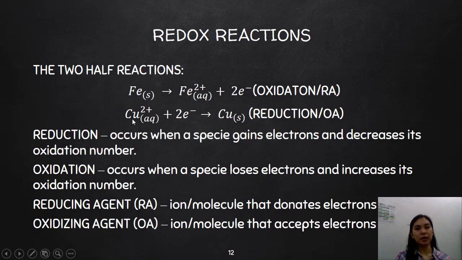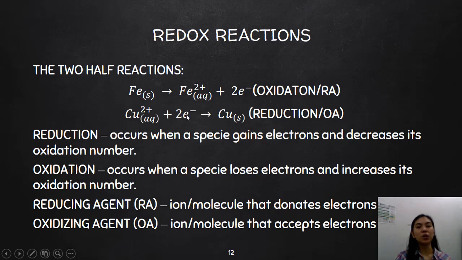So if you take a look at copper here, you have a 2+ charge, and then when it went to the product side, its charge became 0. So from positive 2 to 0, it actually gained electrons, because the electrons are on the left side.